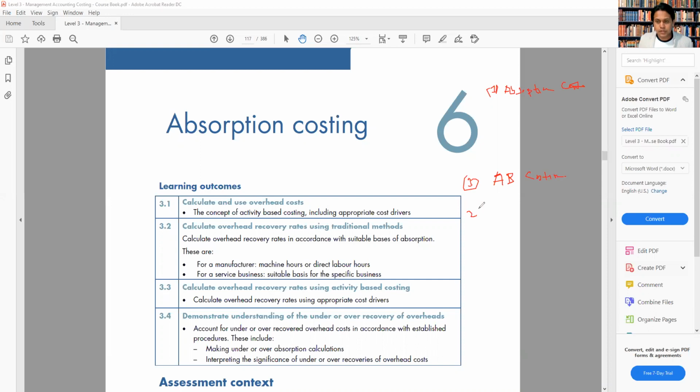Number two, we have marginal costing. And the third one we have is ABC, that is called activity-based costing. ABC means activity-based costing. We'll see everything one by one. So now we're going to see absorption costing.